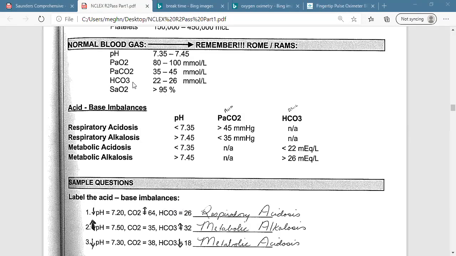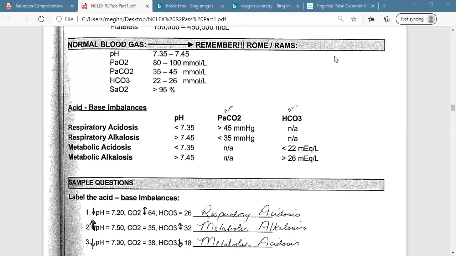So bicarbonate is not a big problem. The problem is carbon dioxide is too high, and carbon dioxide is a marker of respiratory problem. The pH shows acidosis, and carbon dioxide says respiratory. So the problem is respiratory acidosis.